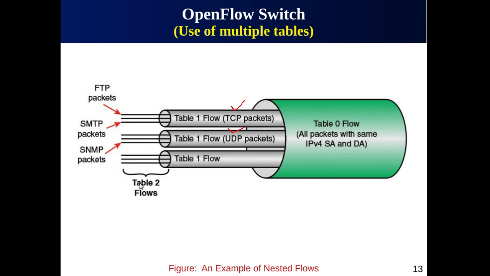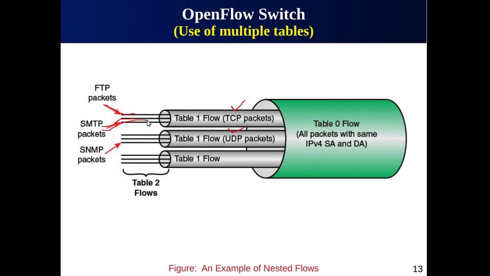The figure shows that the TCP subflow could be divided into further subflows, like FTP is using TCP, SMTP is using TCP. So we have a different subflow for FTP, a different subflow for SMTP, and maybe a different subflow for another type of traffic.